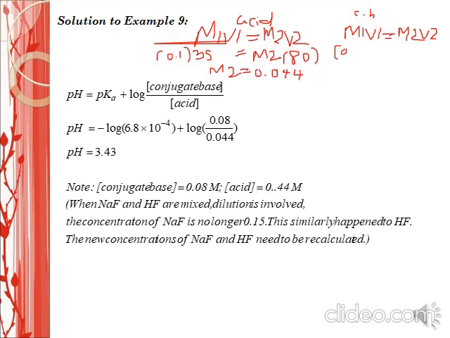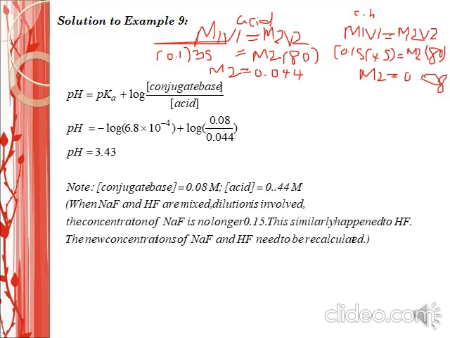For the conjugate base, the original concentration would be 0.15, the volume is 45, and we want to find the new concentration. Again, the volume would be the same because you mix, so 80. So M2 for the conjugate base would be 0.08.